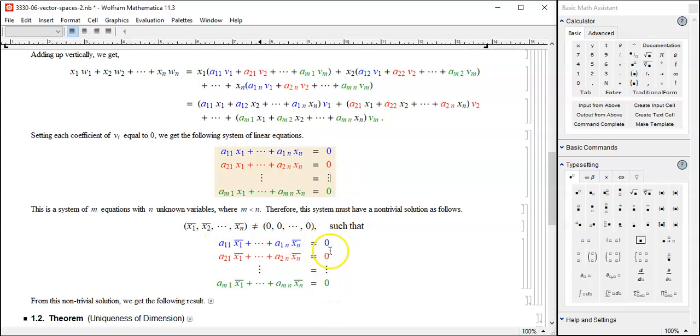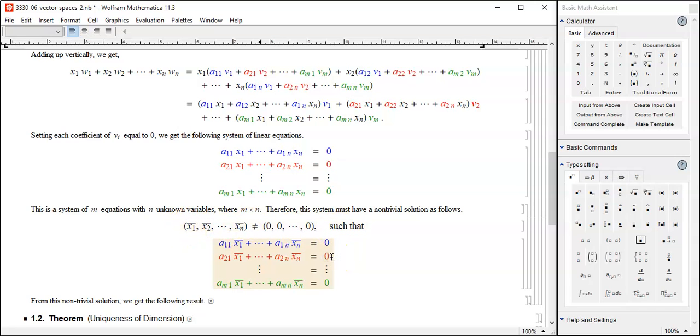This system and that system are exactly the same, and it applies for a particular non-trivial solution, x1 bar, x2 bar, all the way up to xn bar, not all of them equal to 0, okay?